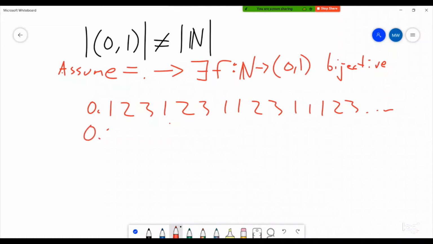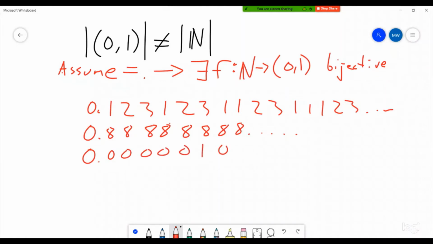We have another one that's just a whole bunch of 8s, on repeat forever. Maybe the next one is a whole bunch of 0s, but then there's a 1 and then a bunch of 0s. And then maybe something else, like 1/10 of pi, so it's 3, 1, 4, 1, 5, 9, 2, 6, and so on.